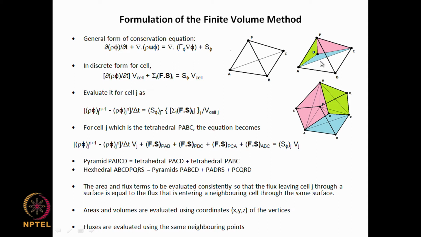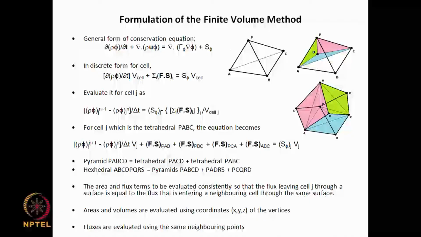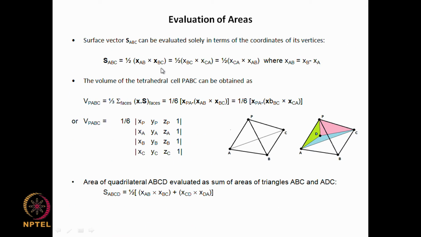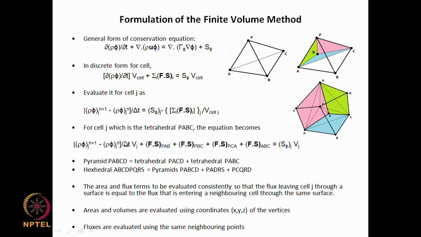In general, we may have this ABCD as being one plane, but in real complicated geometries, the points ABCD may not be coplanar, but we can divide this into two triangles in such a way that ABC is one plane and ACD is another plane, and we can evaluate the volume of that using this formula here. Okay.